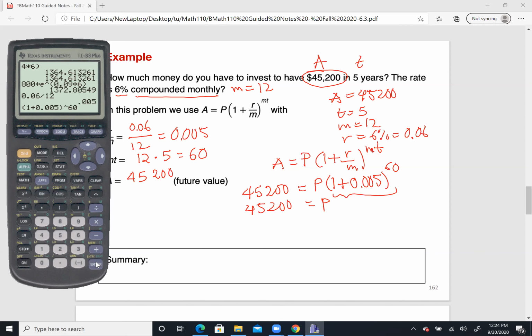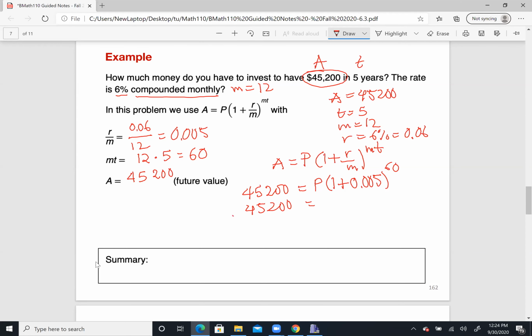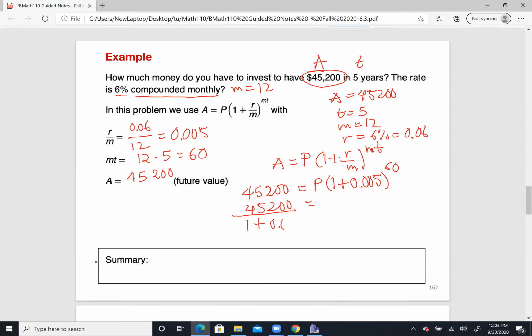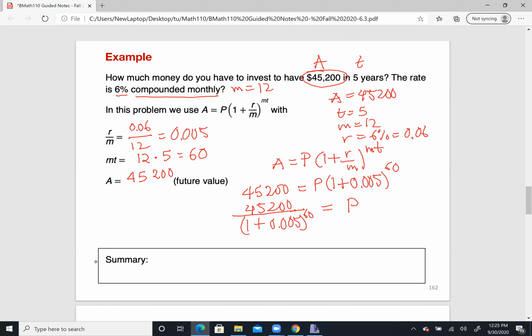I think the best way to do this is to divide both sides by (1 plus 0.005) to the power 60. That makes us more accurate later on, right? You divide both sides by that, so the right-hand side cancels (1 plus 0.005) to the power 60, but the left-hand side gets divided.